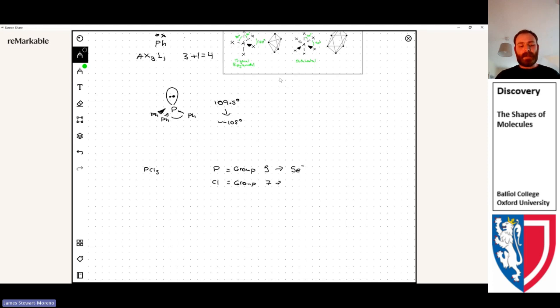It can be. Sorry, this is an aside that I will go through afterwards. I will get through this example and then I'll come back to a question. So chlorine is in group 7 and therefore it has 7 electrons. So in order to complete its octet, this one would need 1 electron. Phosphorus would normally need 3 electrons to reach 8.